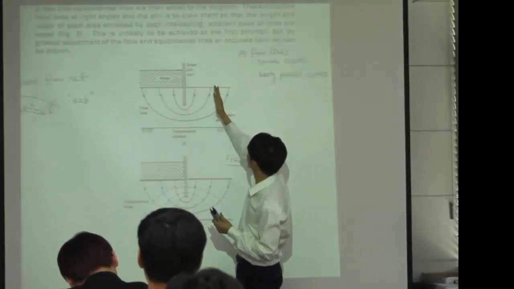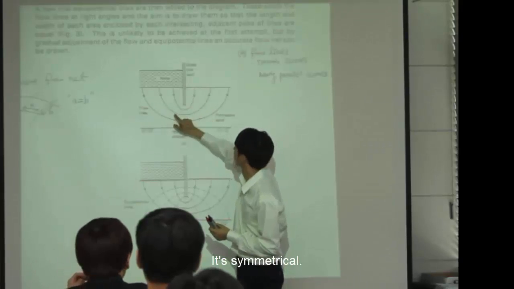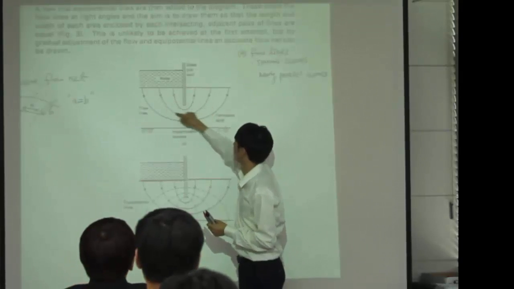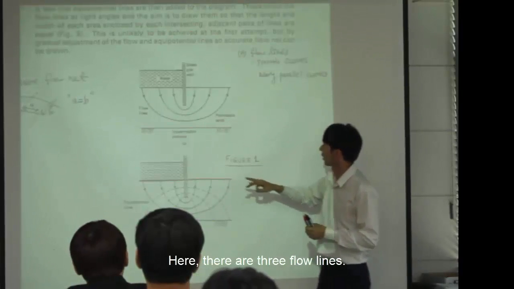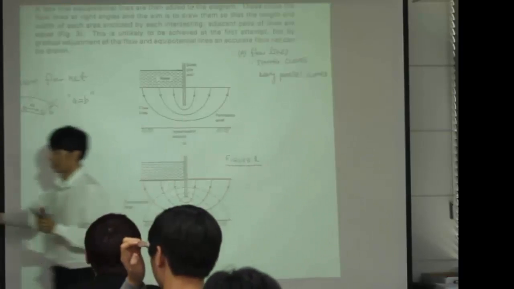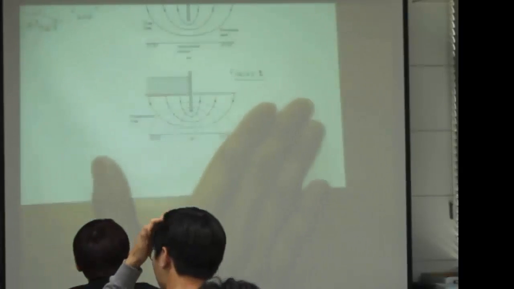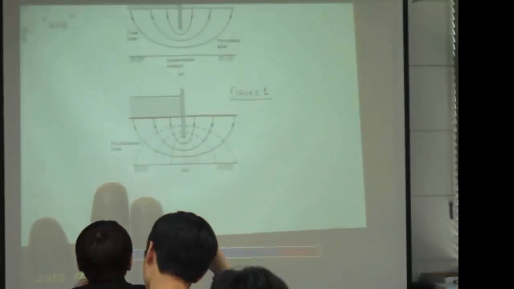And it's symmetrical, right? It's symmetric. So you can draw maybe 3; here they drew 3 flow lines. And then after that, look at the equipotential lines.